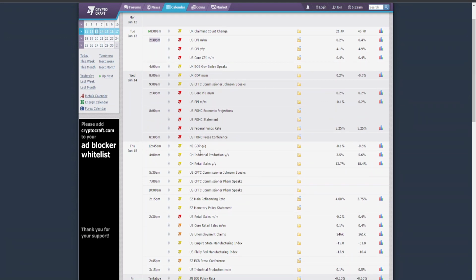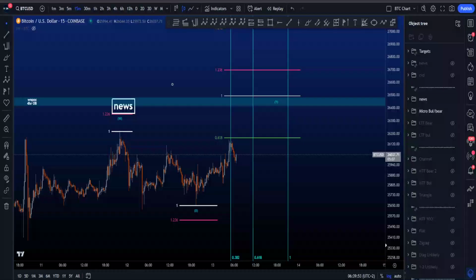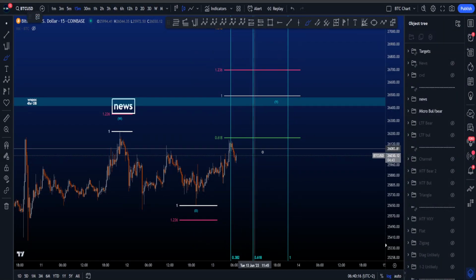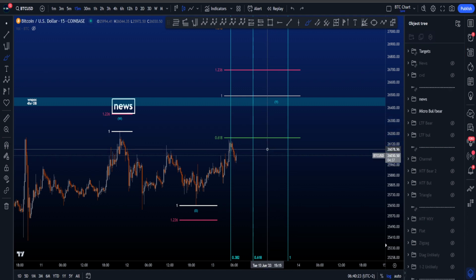Red flags for me means volatility, because I have no idea what those red flags mean other than this can create a volatility. So on Tuesday, which is today, 2:30 p.m., that is Central East European time. You might want to check your own time zone. We have some red flags over here, so make sure you trade safe around those hours, around 2:30 p.m., which is, if we look at the FIB times, about here. So it's going to be very, very interesting what price is going to do today.